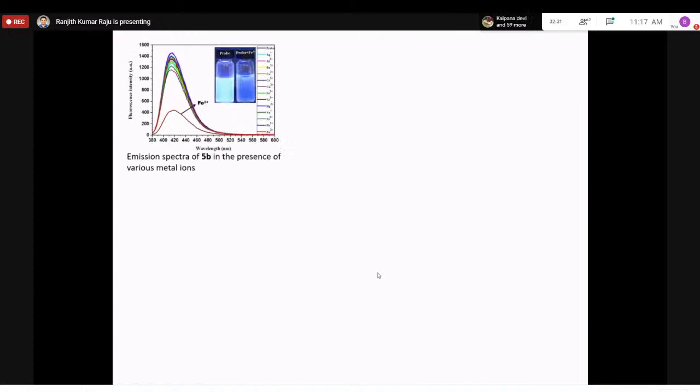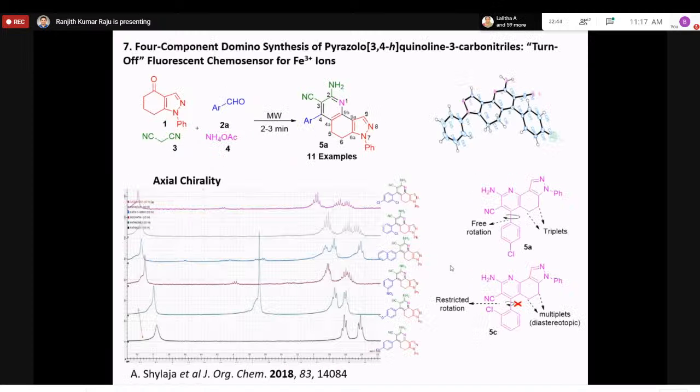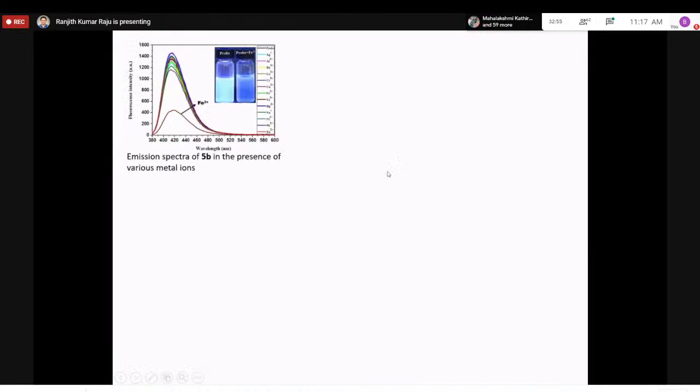And here we observed these compounds exhibited fluorescence under UV. And here you can see that this particular compound, the 4-methoxy substituted aryl, exhibited fluorescence, and it detects Fe3+ in the presence of different metals.